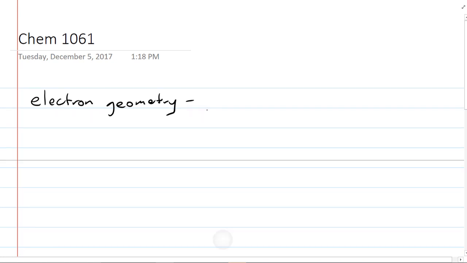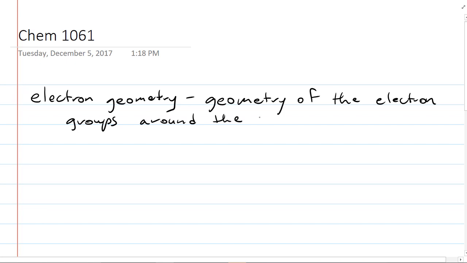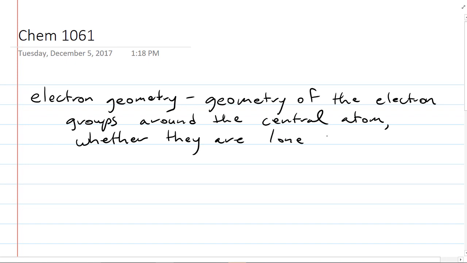We say that the electron geometry is the geometry of the electron groups around the central atom, whether they are lone pairs or bonding groups.